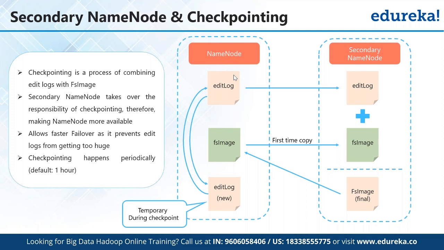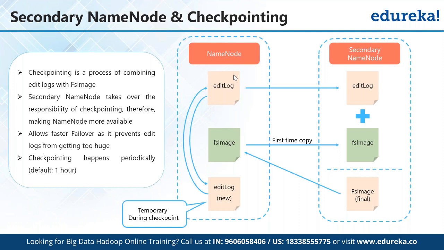Once the system comes up, it will have the information about what is stored on my data nodes, my slaves. And then further on, whatever happens on the cluster, you add files, you remove files, you write files, it will keep adding up in the edit log. Now FS image and edit log together will give me the current state of name node.